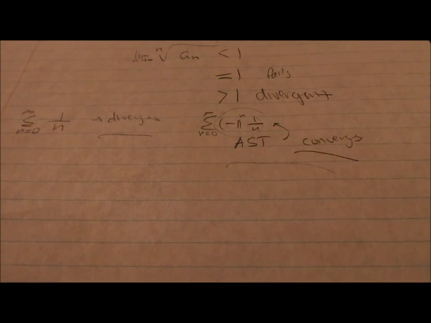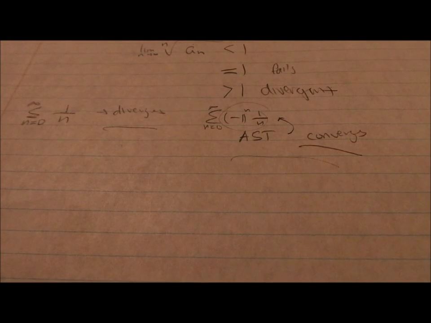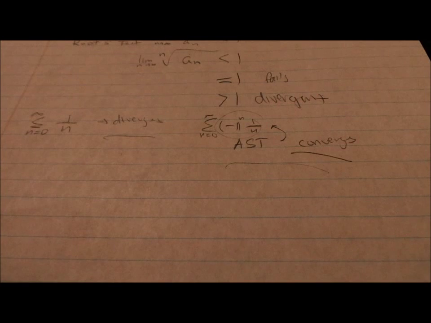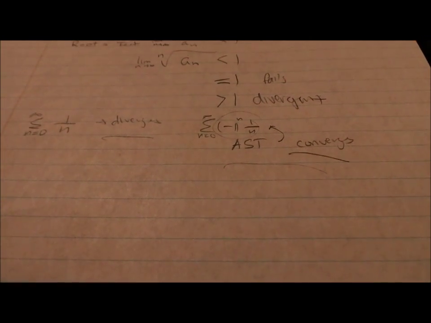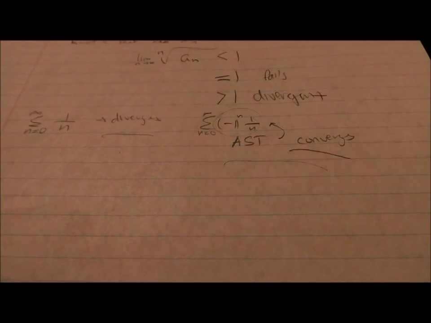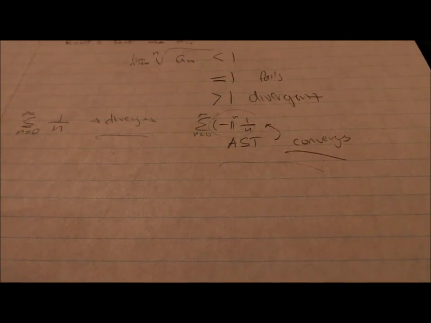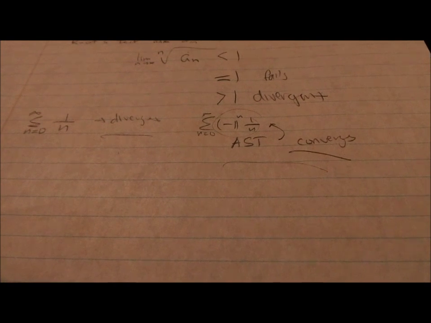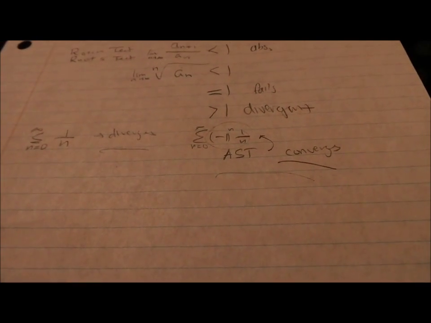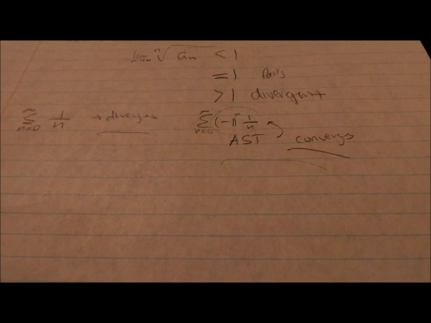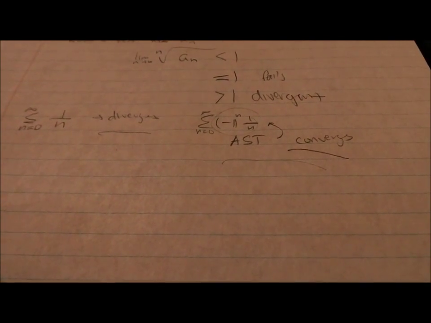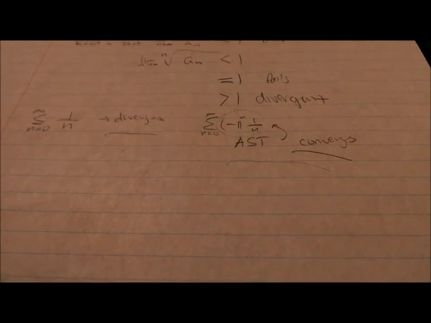Now, absolute convergence in itself is not difficult. It is very easy to think about and very easy to understand. However, the hard part is using the tests in order to figure out whether it converges or diverges. The hard part about this section is that there are so many test cases and so many ways to solve them.